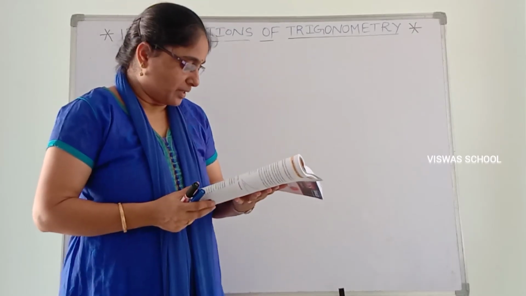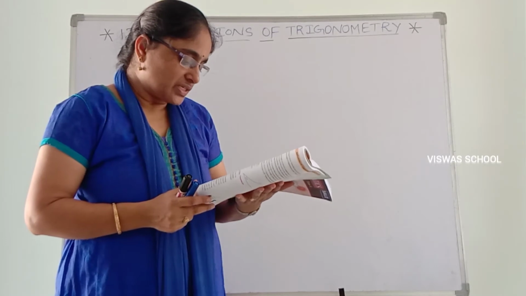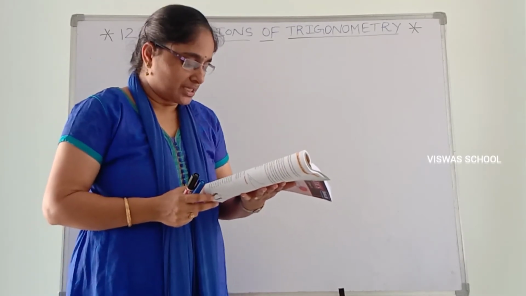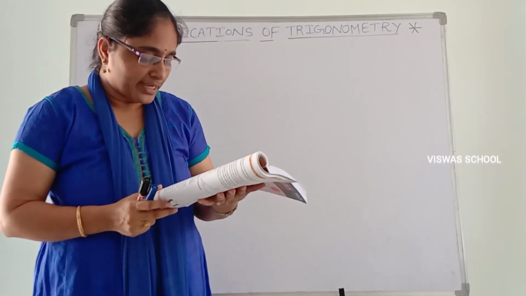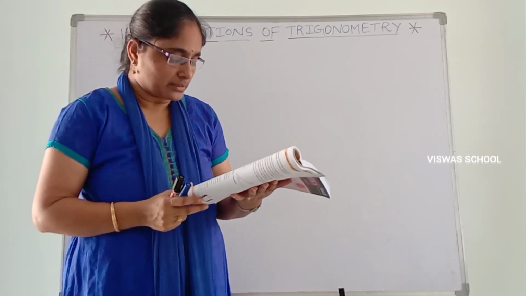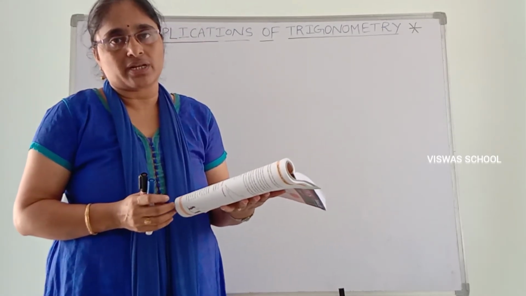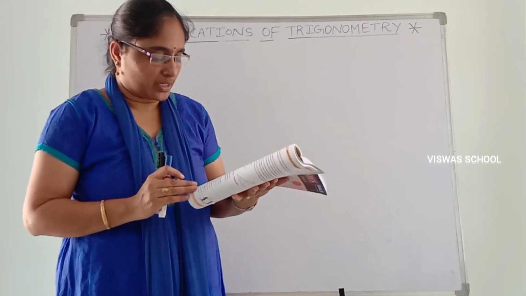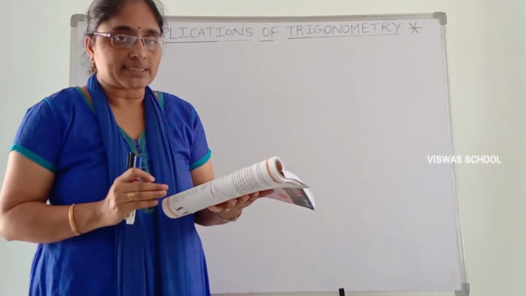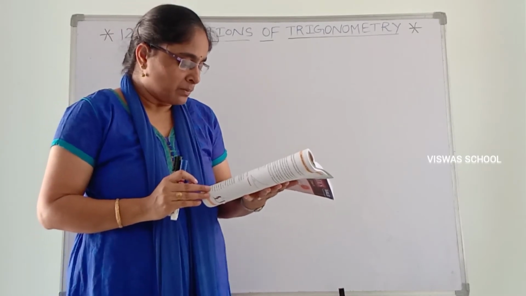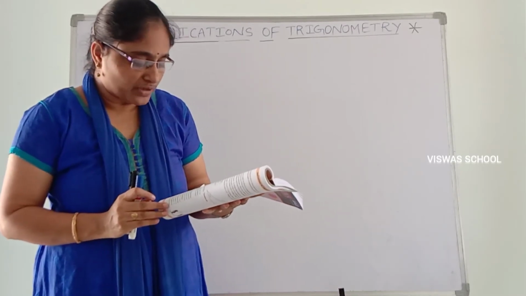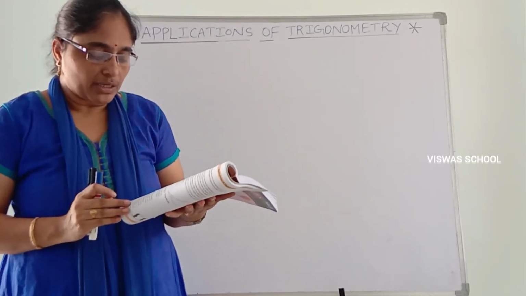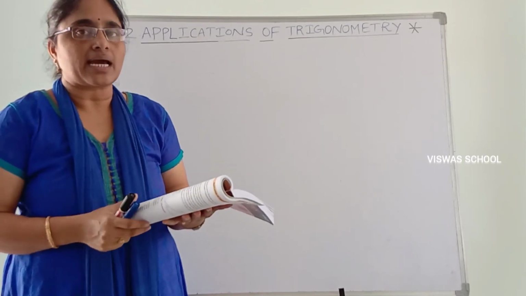Next, fourth problem. The length of the shadow of a 15-meter high pole is 5 root 3 meters at 7 o'clock. See here in the textbook it is given as 5 root 3, but it is actually 15 root 3 meters at 7 o'clock in the morning. Then what is the angle of elevation of the sun rays with the ground at the time?